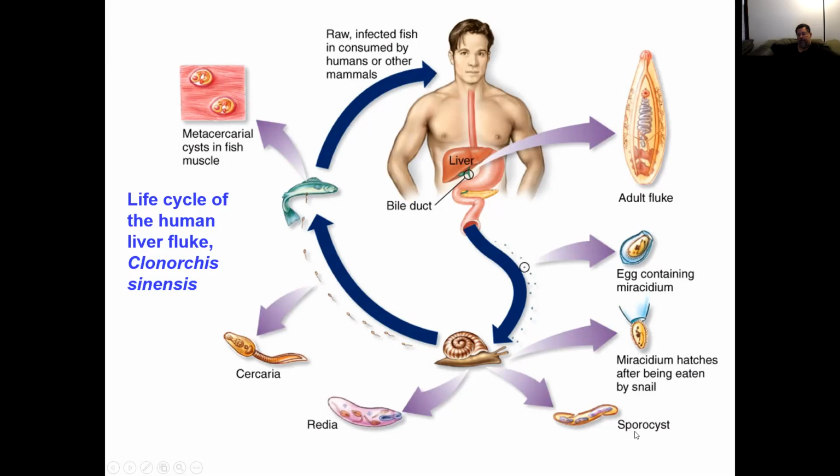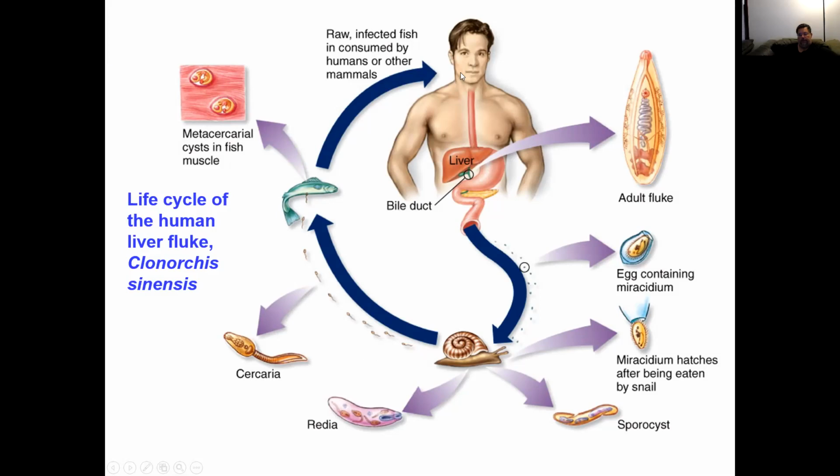This miracidium becomes a sporocyst and continues developing, and then it's known as a redia. Then it can also be known as a cercaria, which can swim and penetrate the muscles of fish. Then it forms a little cyst inside the muscles of fish, known as a metacercarial cyst.